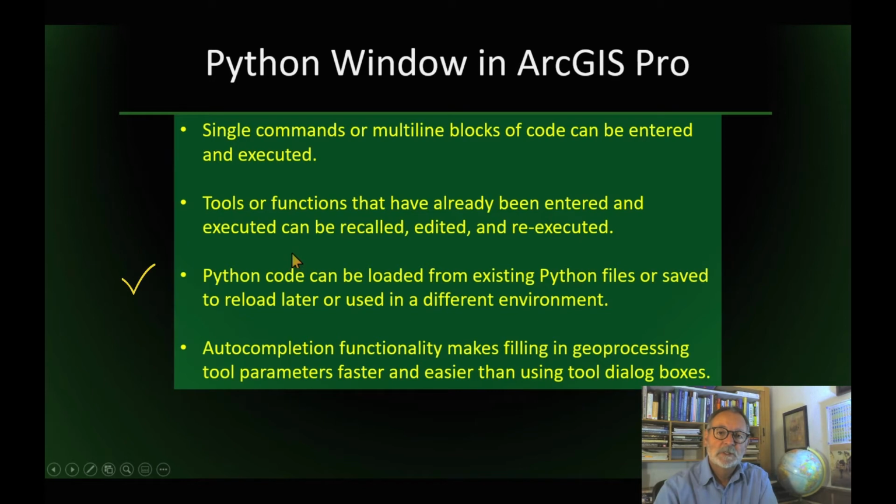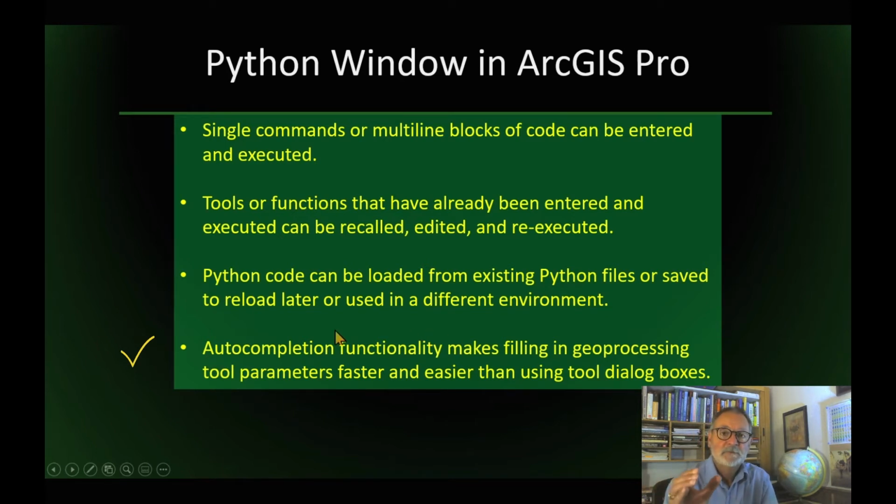You can use a Python script that you have collected in a text editor. After some time you found out here's some lines that are useful. So you can just keep them maybe in a text editor or anywhere else, and then you can simply copy them over into the Python window and execute them. So you don't have to type everything from scratch. And then also, as we will see, we have the auto completion functionality.